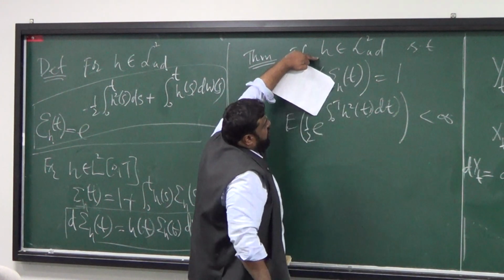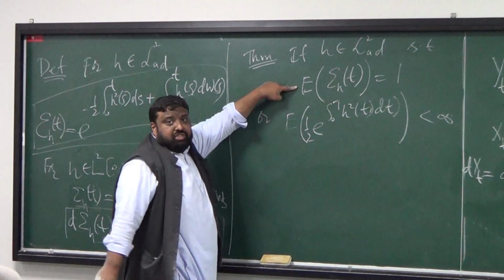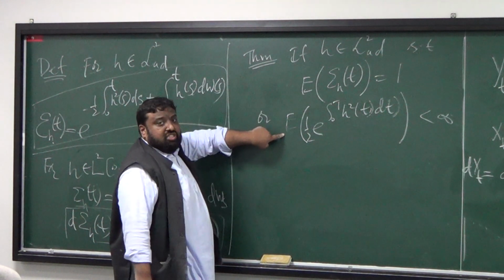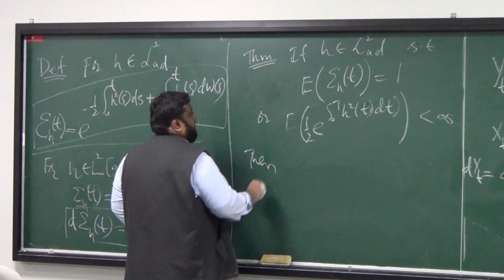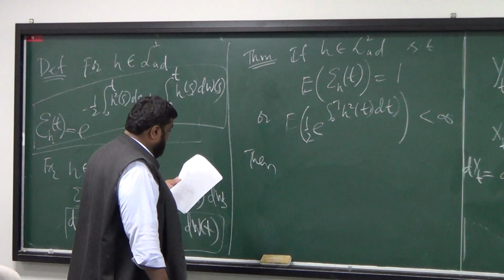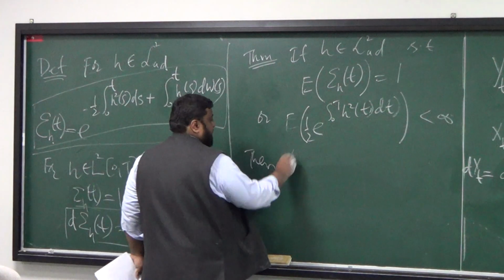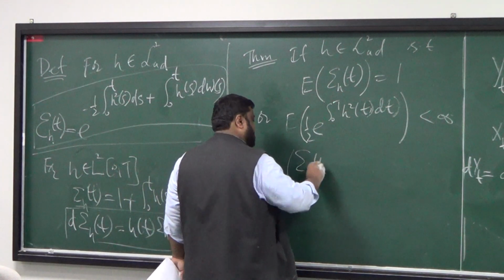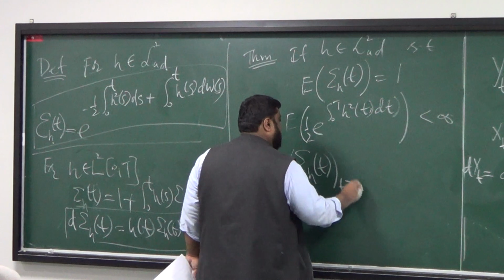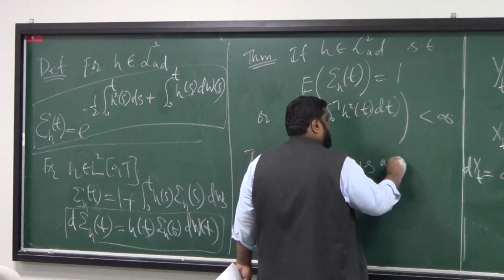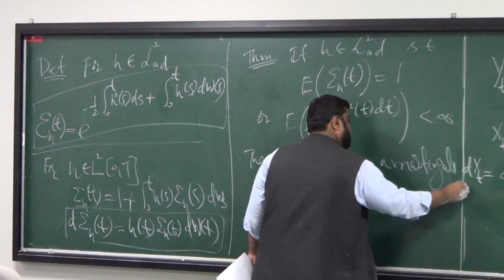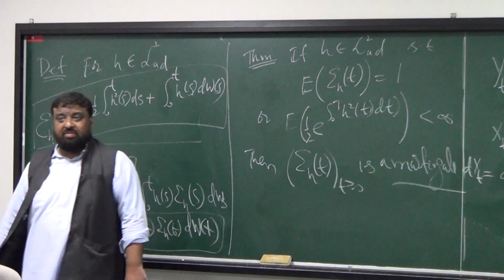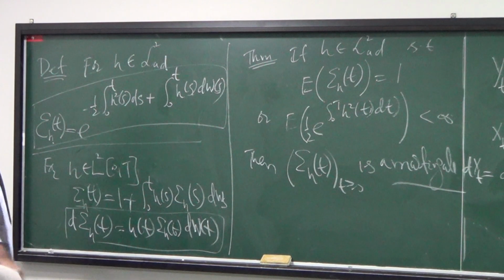So I have an h that satisfies one of these conditions, then this exponential process for t bigger than or equal to 0 is a martingale.